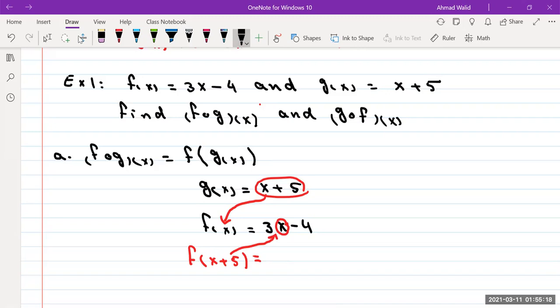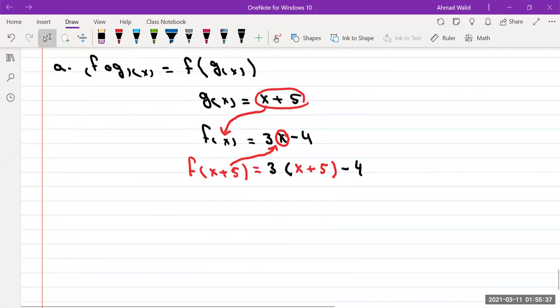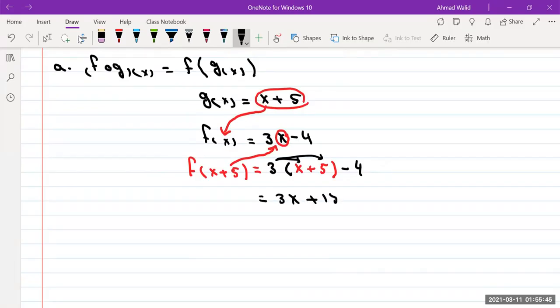Then this side will be 3 times x plus 5, and minus 4. Now simplify this. This is your f of g. Distribute 3 to both. It gives you 3x plus 15 minus 4, which gives you 3x plus 11. This is your f of g of x.